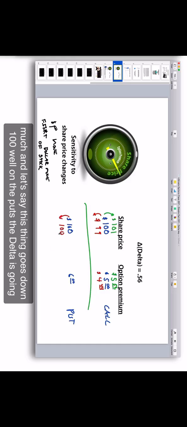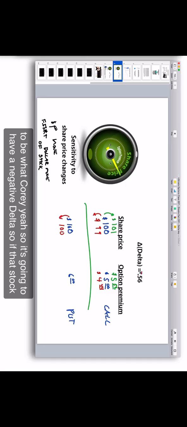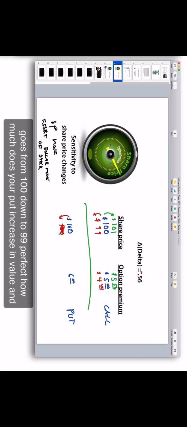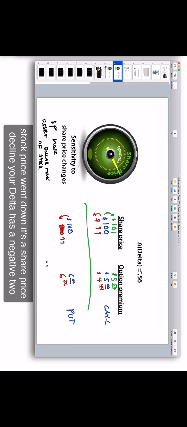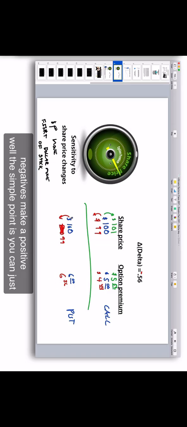Well, on the puts, the delta is going to be what, Corey? Yeah, so it's going to have a negative delta. So if that stock goes from 100 down to 99, perfect. How much does your put increase in value? And you can kind of think of it in terms of the double negatives: the stock price went down, it's a share price decline, your delta has a negative, two negatives make a positive.